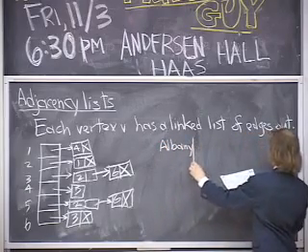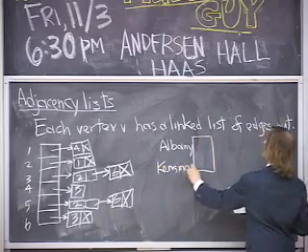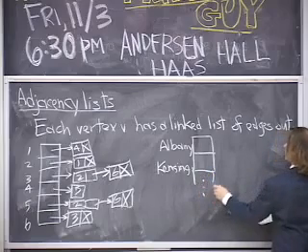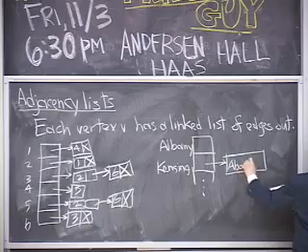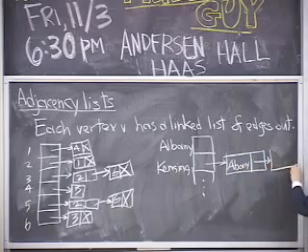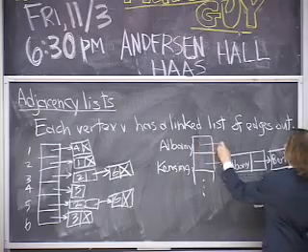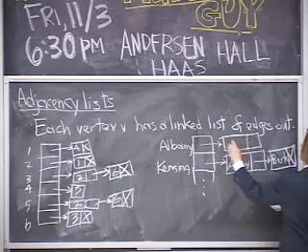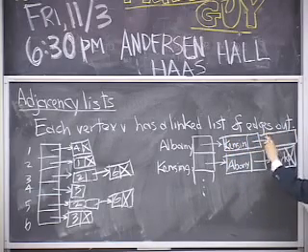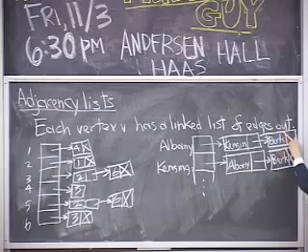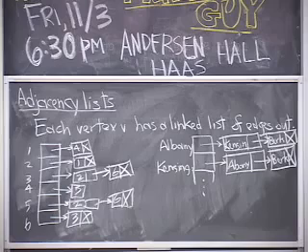So for instance, the edge connecting Albany to Kensington will be in both Albany's list and in Kensington's list. So hopefully you get the point. Any questions about that?